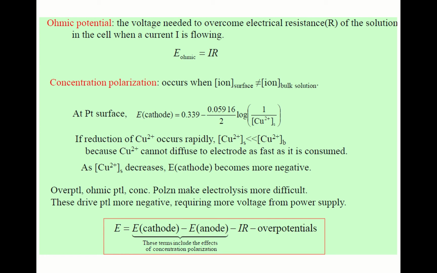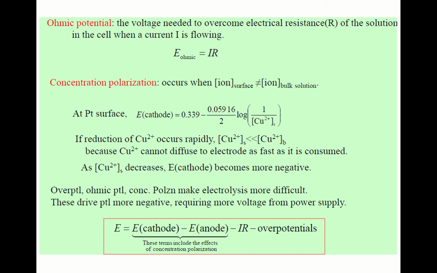Another type is ohmic potential, which means that the current flows. An electrochemical cell has electrodes and electrolyte. Usually the electrodes' resistance is quite small, since we usually use metal electrodes.